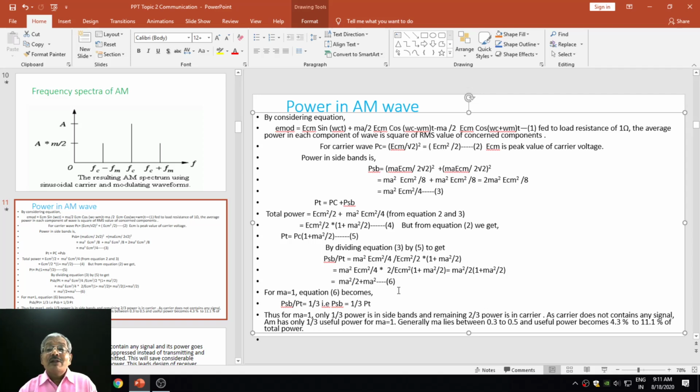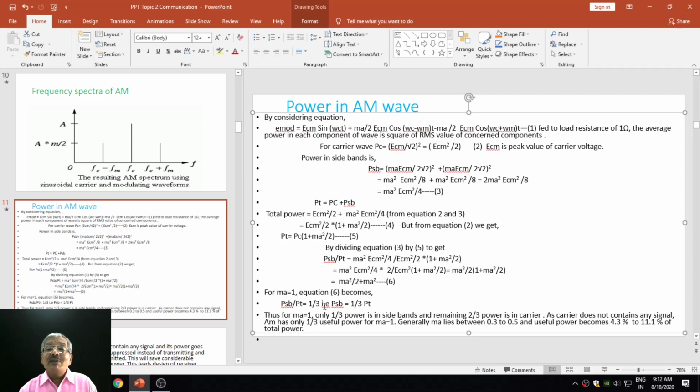For ideal modulation, modulation index is 1. That is for MA is equal to 1. This is true only if the modulation is ideal. For 100% modulation, we can say modulation index is 1.